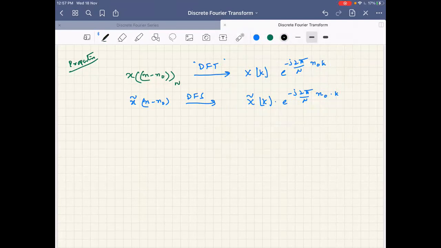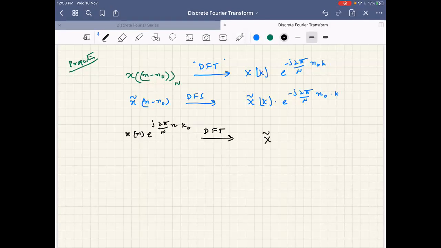Let this be x of n. We have an exponential sequence multiplying the time domain sequence. We want to find the discrete Fourier transform. Let us write this directly. How will it be?